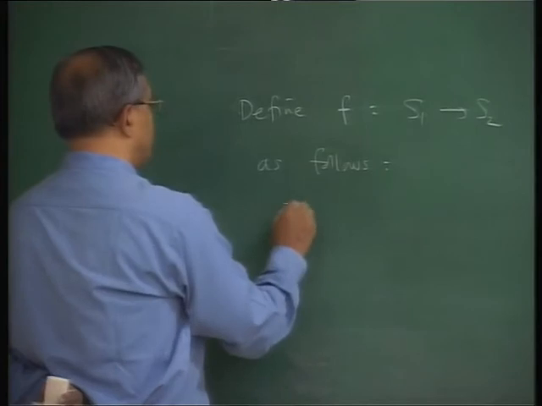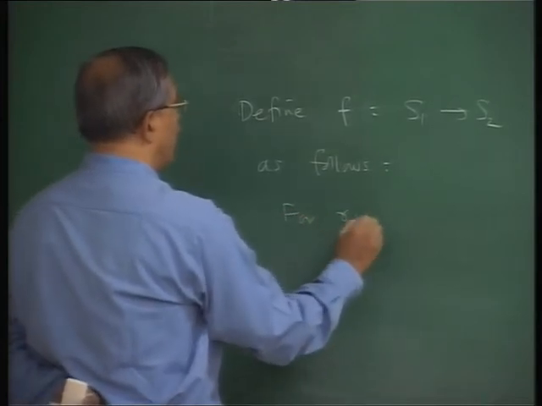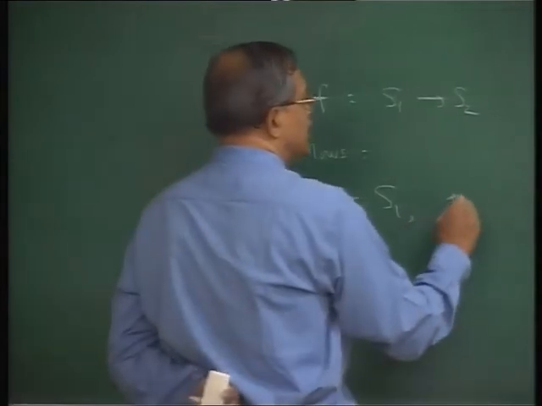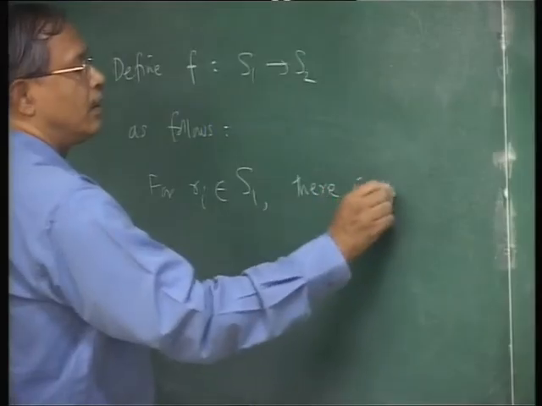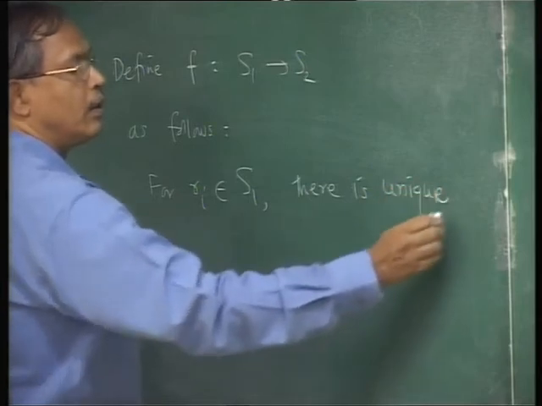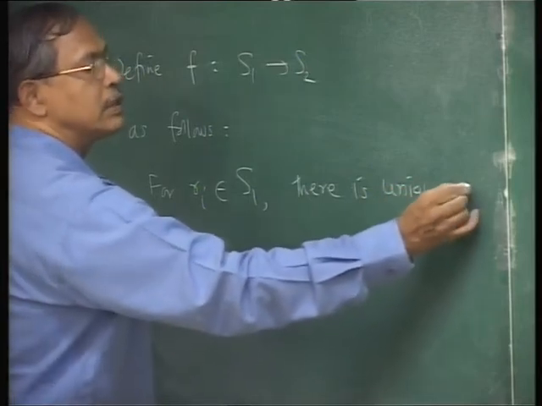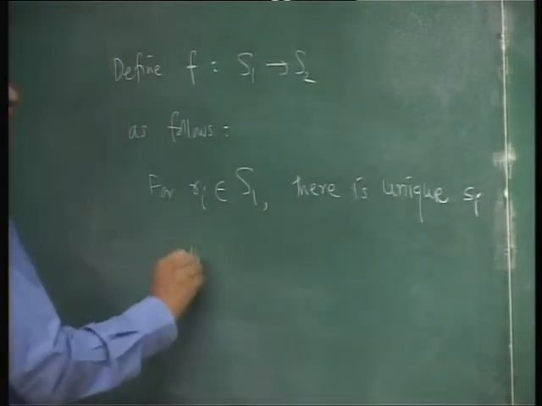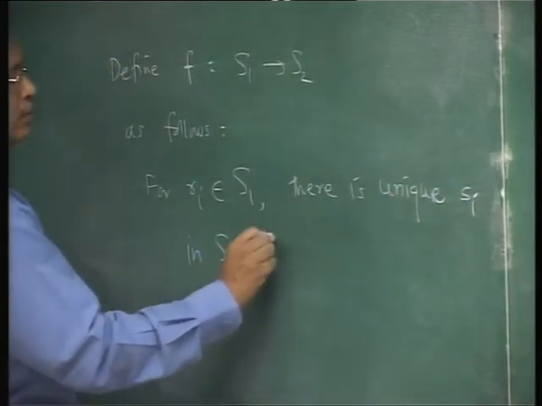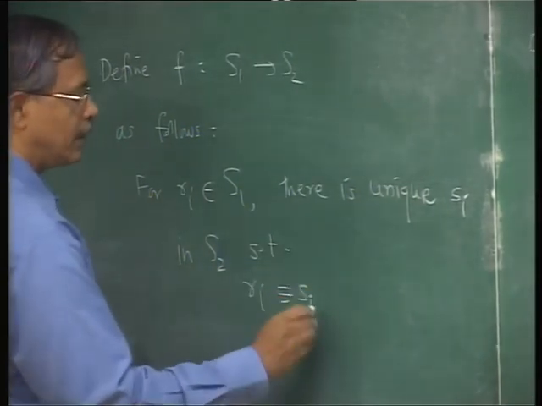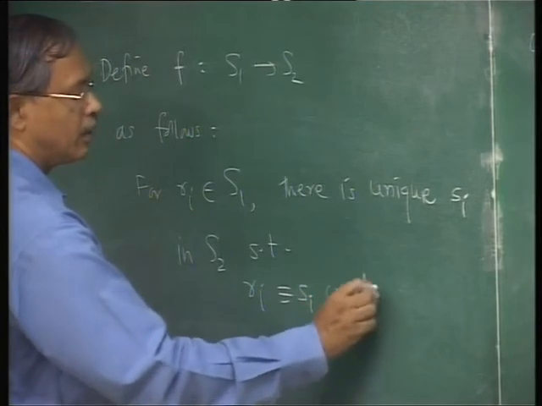For Ri in S1, there is a unique, say small si in S2 such that Ri is congruent to small si mod m.